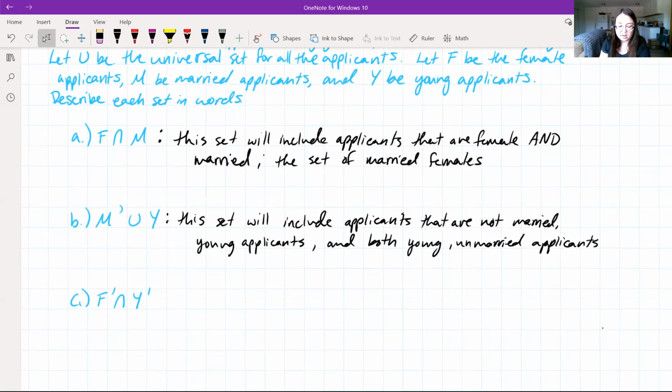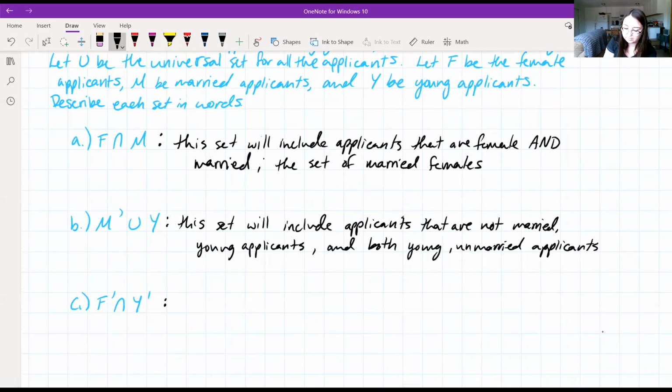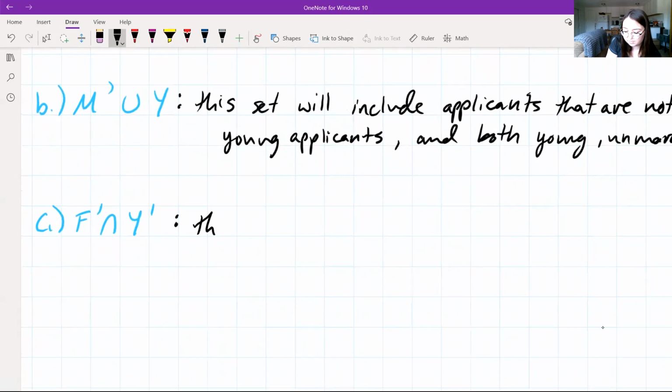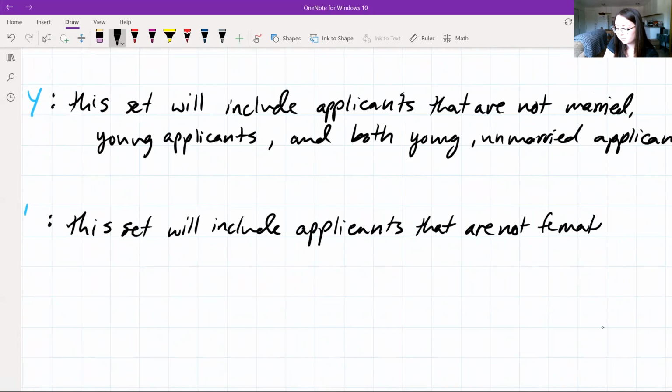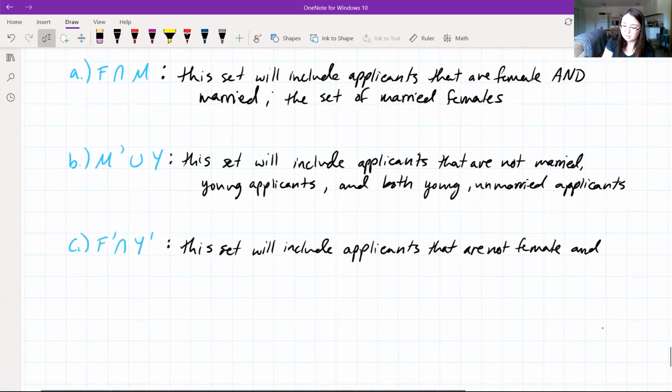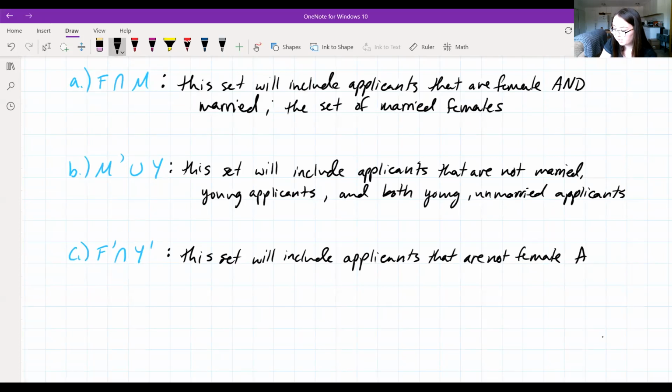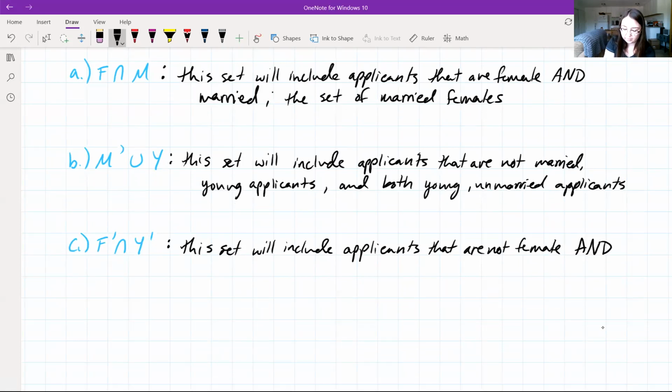Now for C, we have the complement of F intersected with the complement of Y. So we would say this set will include applicants that are not female in addition to also not young.